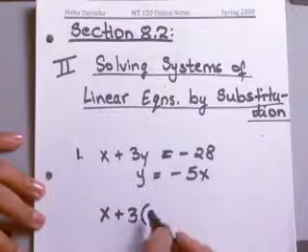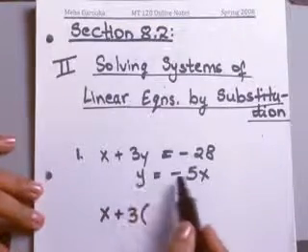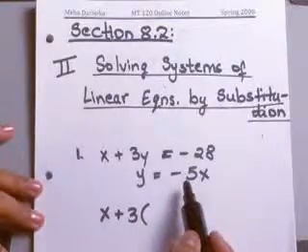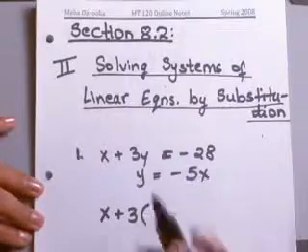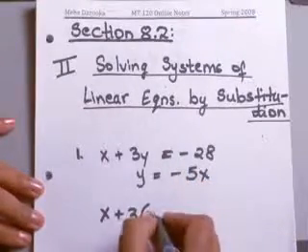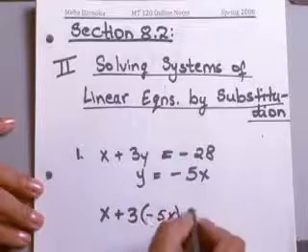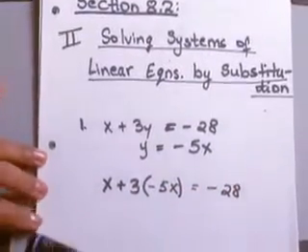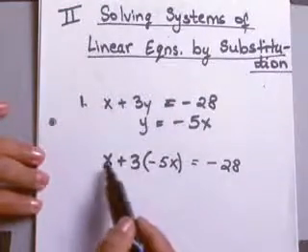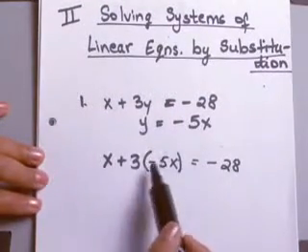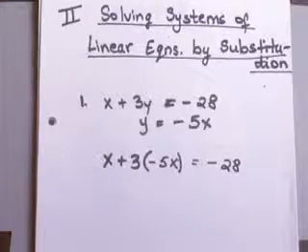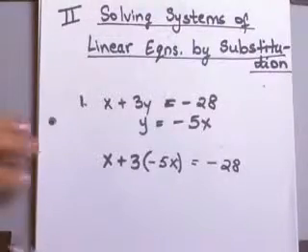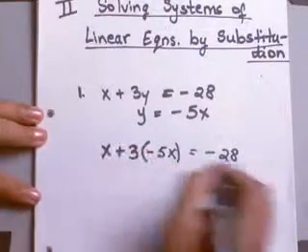Now instead of writing y here, I am going to take what y is solved for, which is negative 5x, and substitute that in here, and that will give me this first equation, which is now only in terms of x. You have x plus 3 times the quantity negative 5x equals negative 28. Since my whole equation is in terms of x, I can go ahead and find the value for x. So let's solve this.